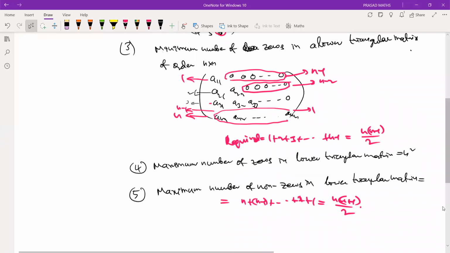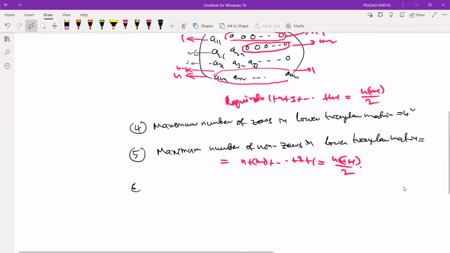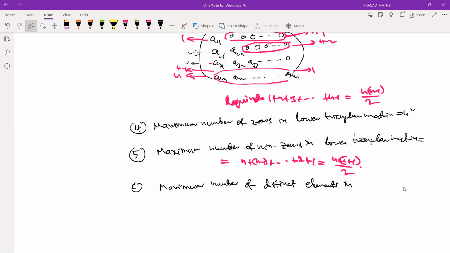Next is the maximum number of distinct elements in a lower triangular matrix. Tell me. Good.